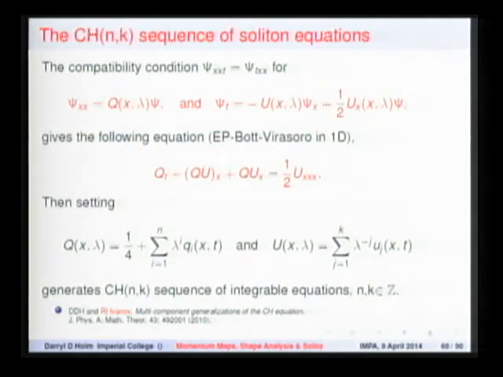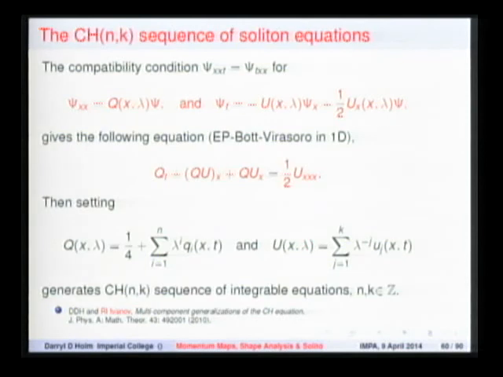So here's the rest of the sequence. If you say psi xx is some operator depending on lambda on psi, and psi t is this combination, which is sort of copied down from before, and you ask what this equation does when we take the compatibility condition for it, this is what comes out. And this is the Euler-Poincare equation on the Bott-Virasoro group in 1D.